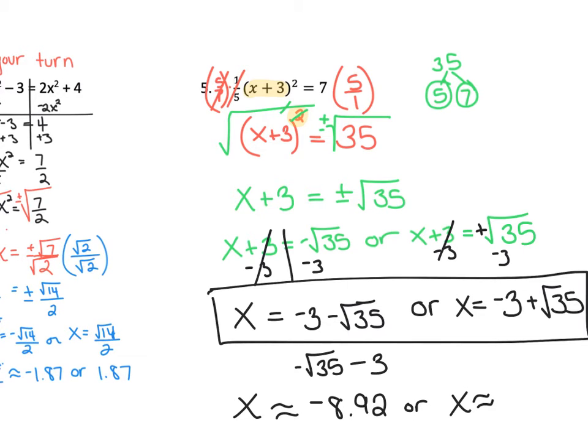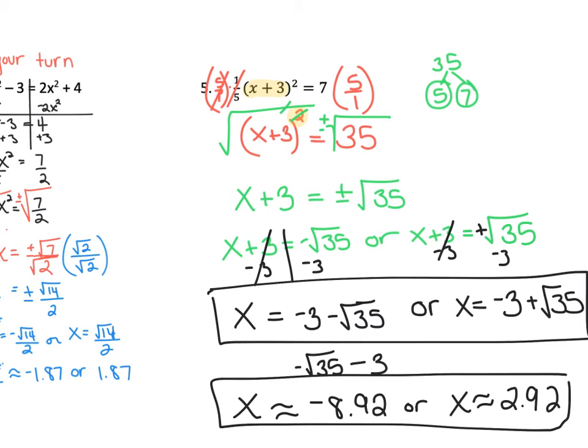If you're still struggling with rounding, you really need to reach out to me, because it's such a simple concept that I think if I show you 1 or 2 examples, I'll clear up your confusion. All right, 2.92 would be the other. So those are your 2 places where your parabola crosses the x-axis. So again, this one's my exact, and this is my approximate.